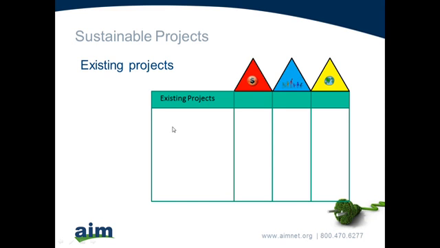By listing existing projects and identifying why each project was selected, was it primarily cost reduction, or a social issue, or an environmental issue, and then brainstorming all the projects, or a number of projects, that you've pursued. Once you've done that and identified the primary and secondary objectives for the project, now you want to try to fine-tune this.